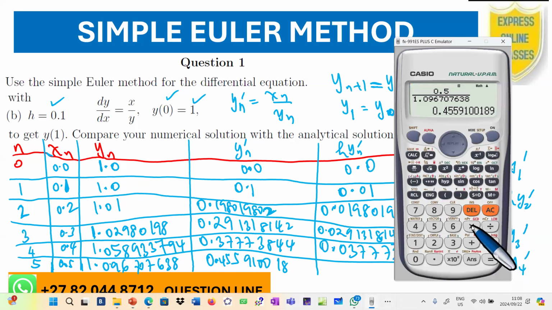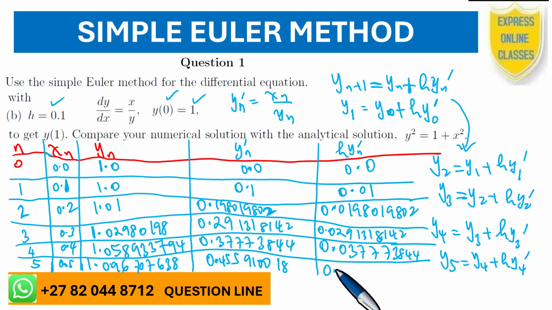Multiplying by 0.1 just shifts one decimal place, giving us 0.04 5591 0018.